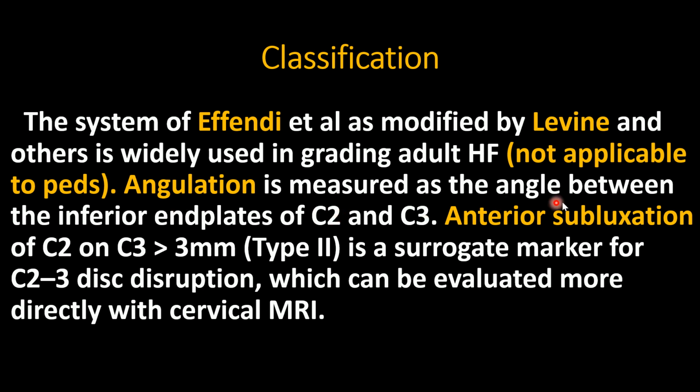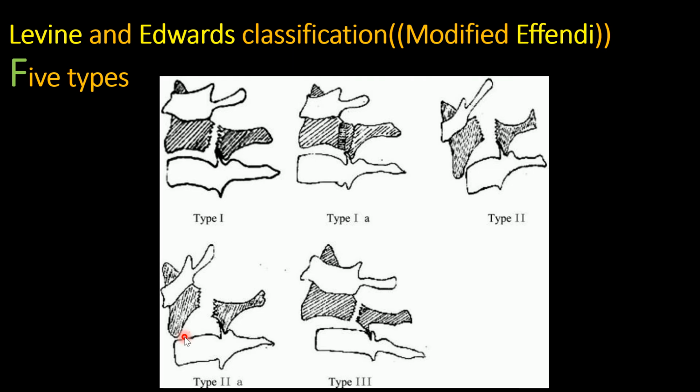Angulation is measured as the angle between the inferior end plate of C2 and C3, and anterior subluxation of C2 on C3 is more than 3 millimeters. It's a surrogate marker for C2-3 disc disruption, which can be evaluated more directly with cervical MRI.